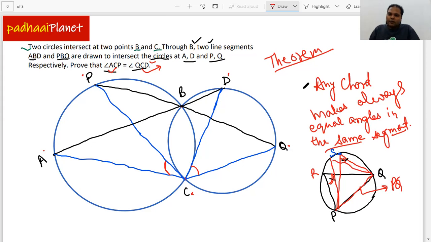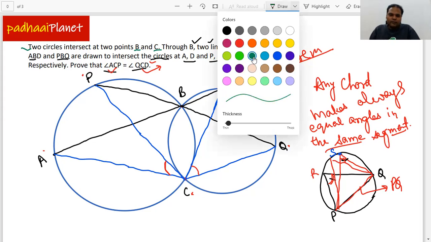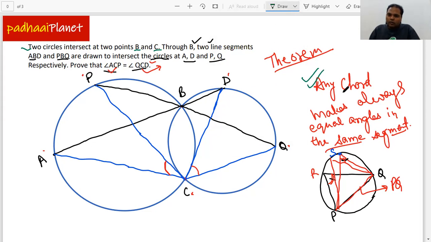So that's the theorem which we already have in the book, and it says that any chord making angles in the same segment, they are always equal. Same segment means the same side of the chord. So this is my chord, and both these angles are being made on this side of the chord. So they are on the same segment, and that means these two would be equal, and even this one will be equal. So all these three would be equal.